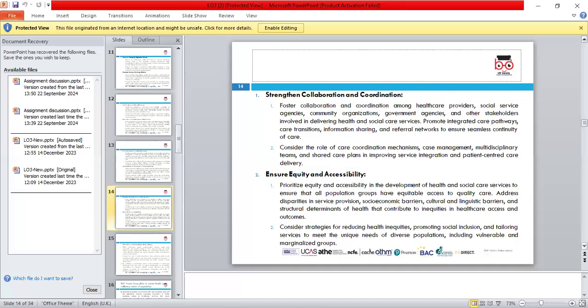Address any disparities in service provision, making sure all provision is divided equally among those that need it. Consider strategies for reducing health inequalities, promoting social inclusion, and tailoring services to meet the needs of diverse populations, including vulnerable and marginalized groups. These are things you have to take note of.